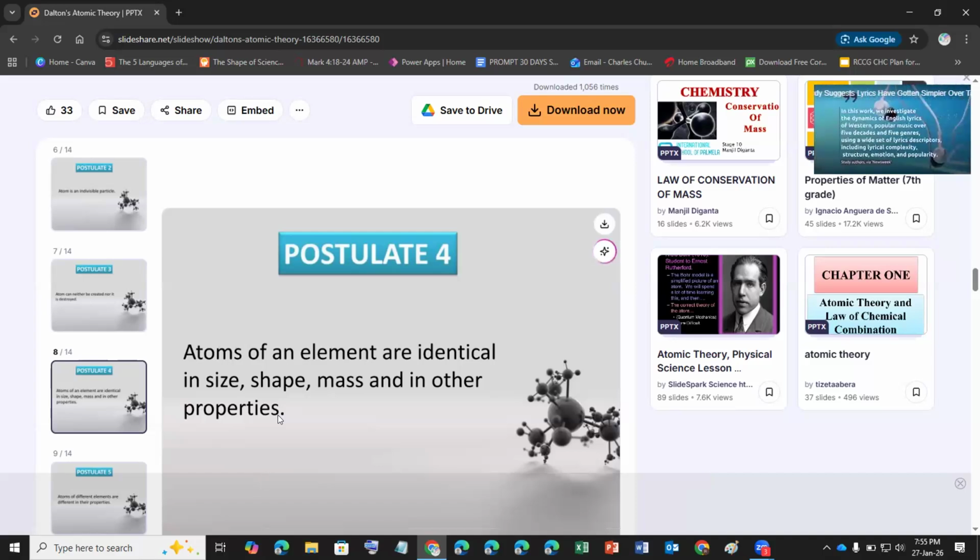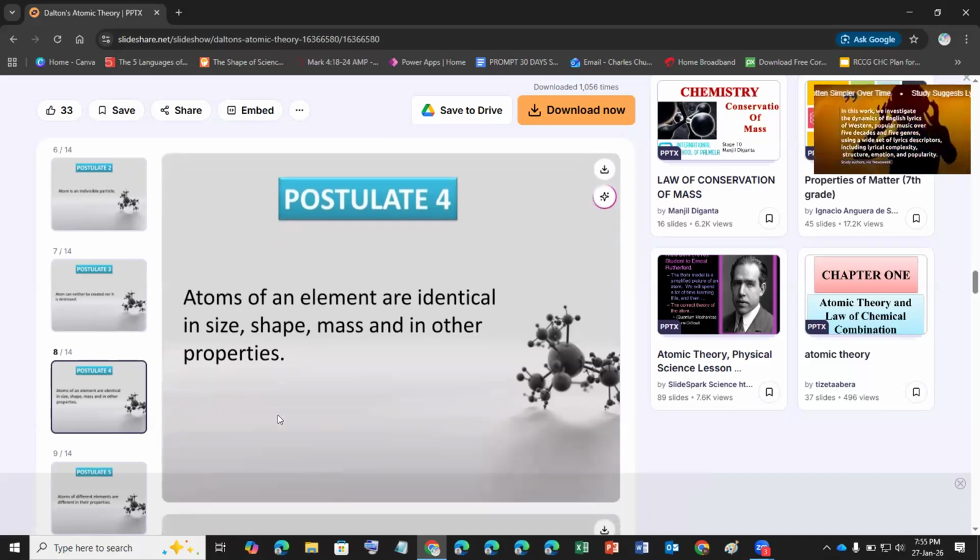But you later come to see that even with a particular element, you could find atoms that are not exactly identical based on their mass. That was why in that example I told you that there are atoms of the same element that have different mass.